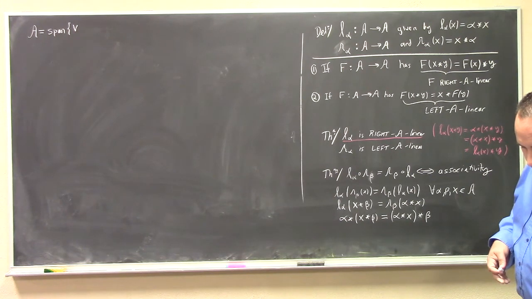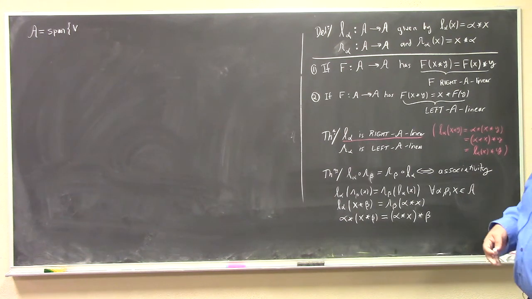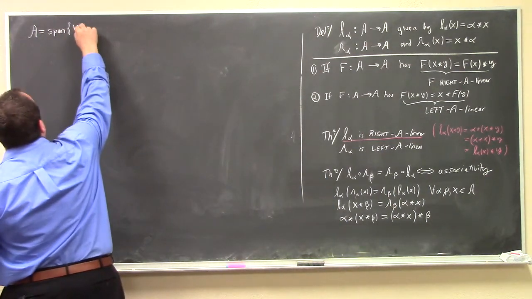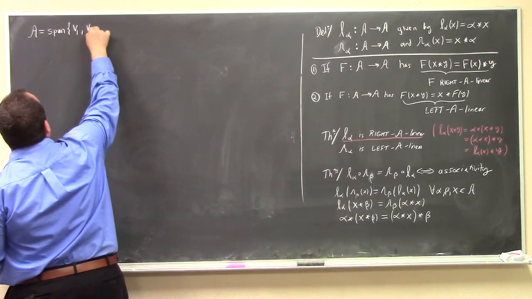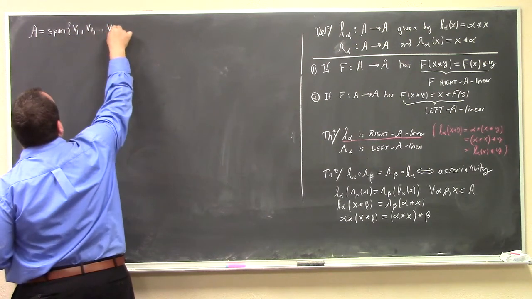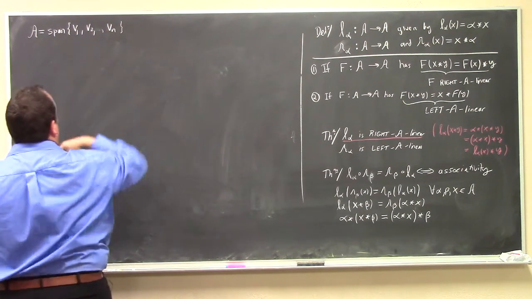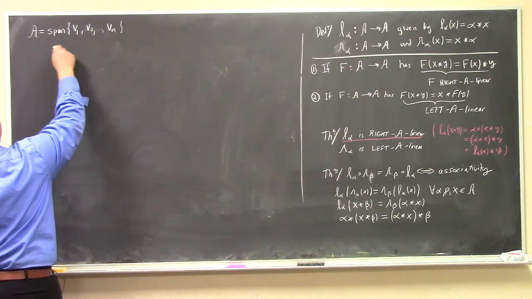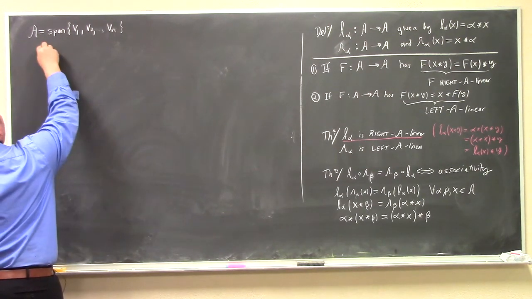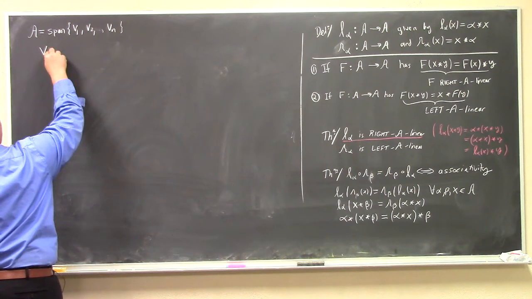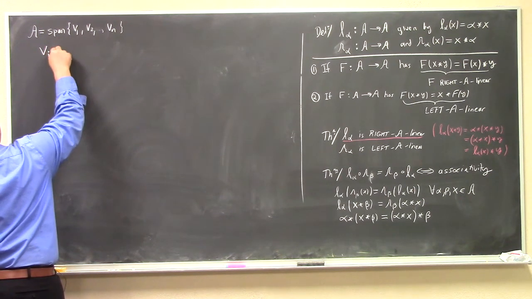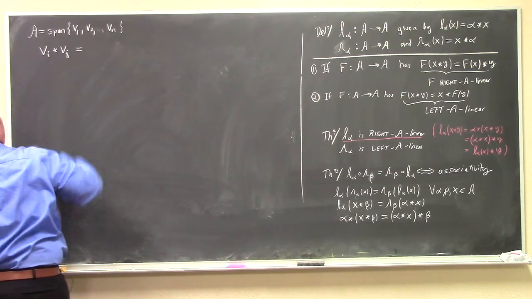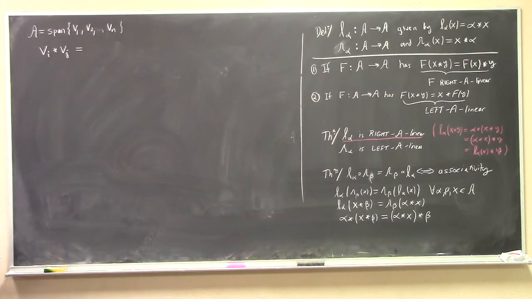Oh, okay, so there's my notation. I'm apparently using v1, v2, ..., vn, so that my choice of basis is just the v's. Then we can say v_i star v_j is an element of the algebra, right?